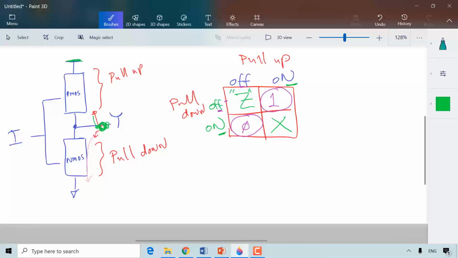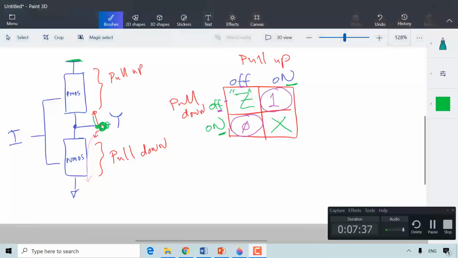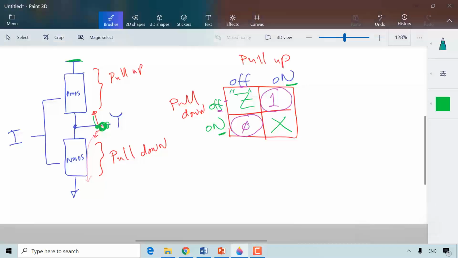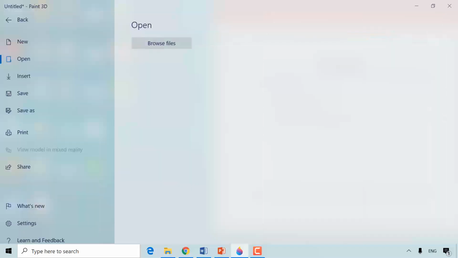I'm wasting power, which means I was not careful in designing my gates. So let's try to explain some of the complementary CMOS circuits. We'll look at the implementation of the NAND gate, then the NOR gate, then complex gates.